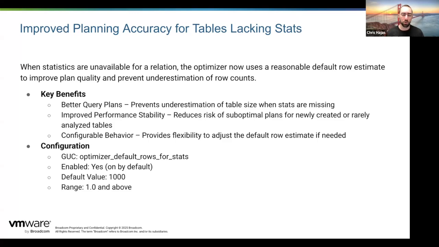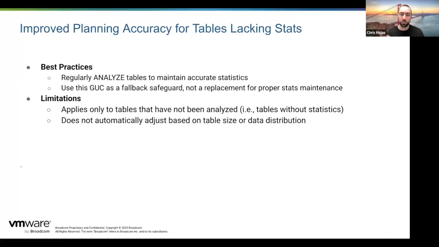So in cases where you are already analyzing your tables, this has no effect. But in cases where you forget to or didn't, it will most likely significantly improve those plans.